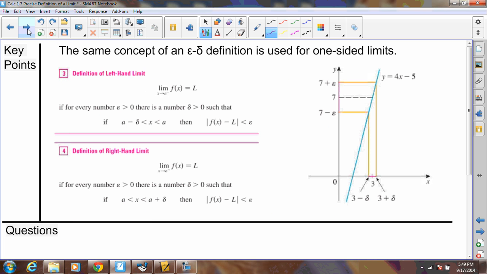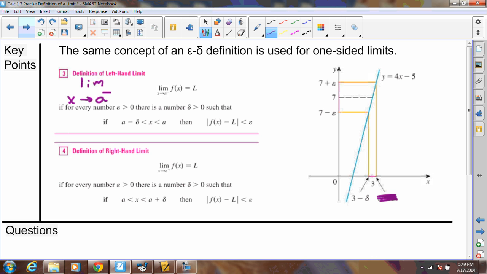Now the same idea applies for one-sided limits. You'll note our definition for a left-handed limit: we're taking the limit as x is approaching a from the left. That's like saying all the stuff where we're doing 3 plus delta, we don't care about that. All we care about is doing the 3 minus delta.